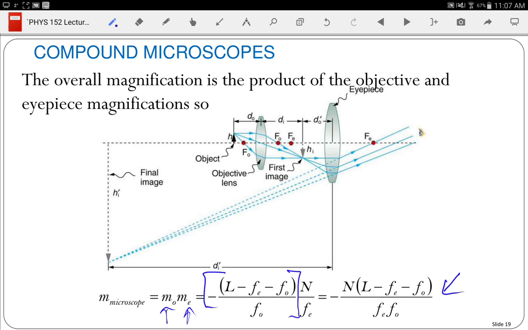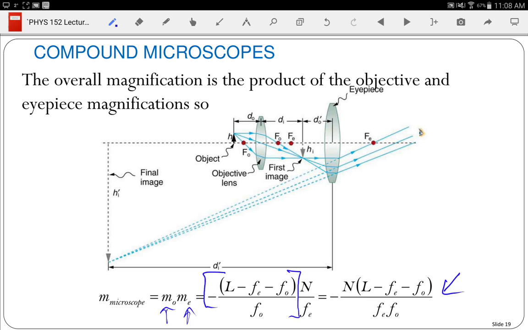Now our textbook just leaves it at magnification of the objective times magnification of the eyepiece, and leaves it to you to do all the work in between. But here we have it written out. What is that L? The length of the microscope. Defined as? The length between the objective and eyepiece lenses. Yes.